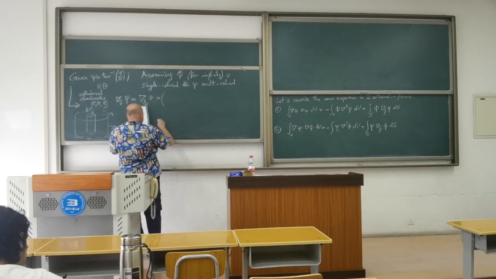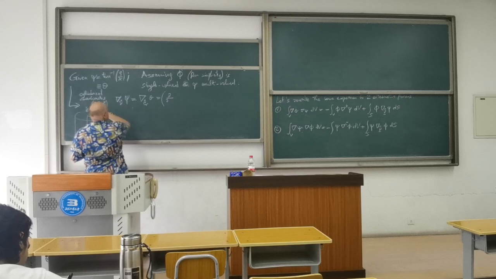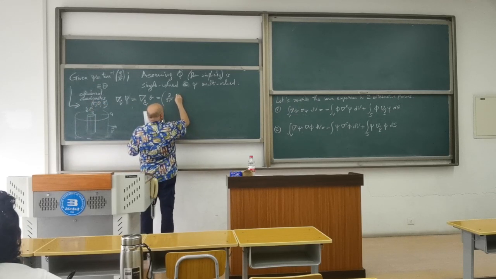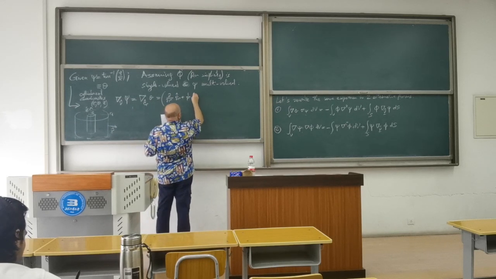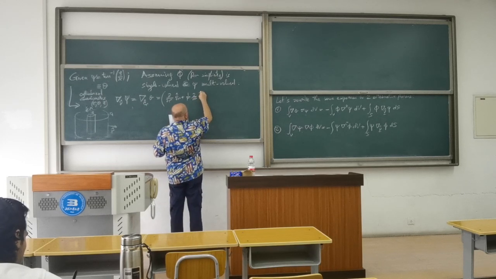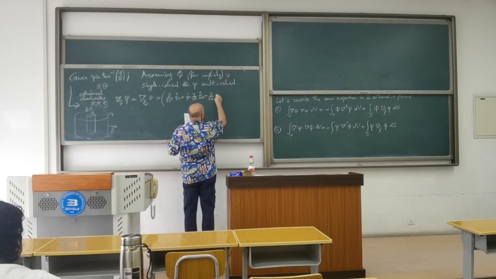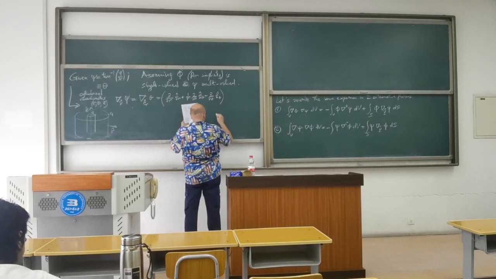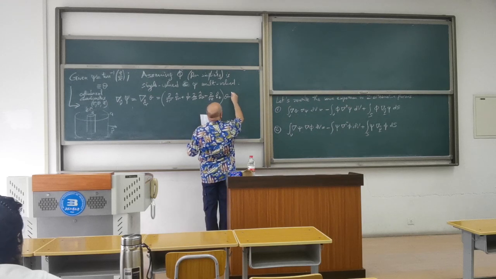If I work this out, I take the grad operator in cylindrical coordinates: d/dR E_R, plus 1 over R d/d theta E theta, and then the last bit, d/dz along E_Z, the z-axis, which operates on theta.